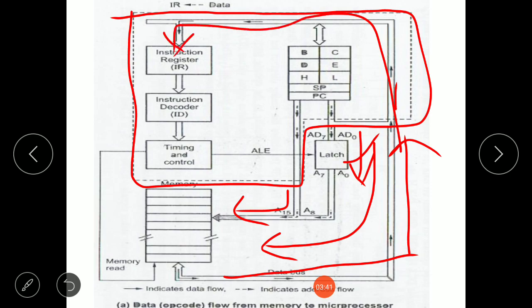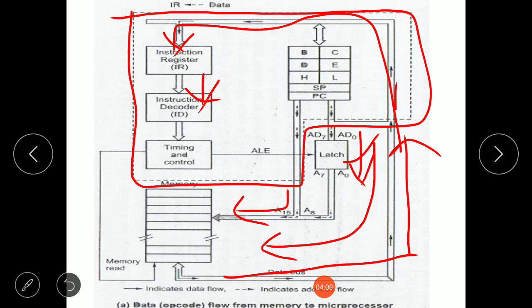After that, the opcode goes to the decoder where it gets decoded.